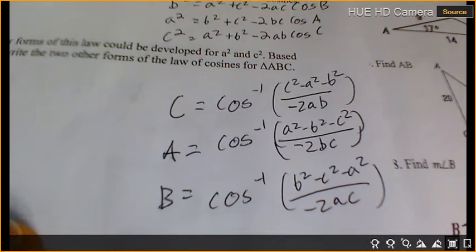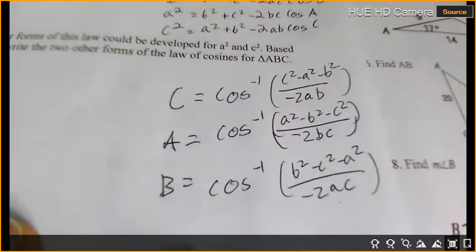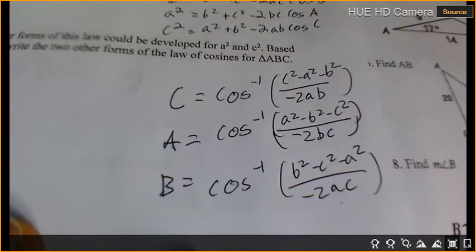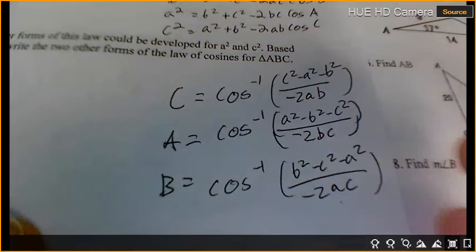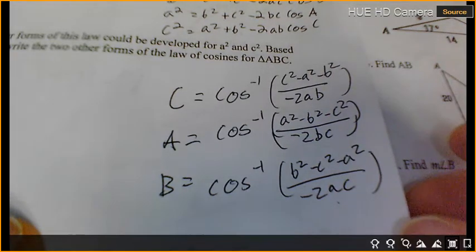That might be ABC. Yep, -2bc, -2ac. And I'll put these on the board. Okay. Let's try one of these problems using this. Okay, I will put this on the board, I promise.